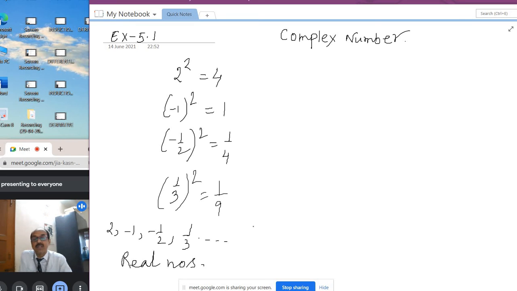Okay, that means non-negative. Now some numbers are there whose square is not positive.